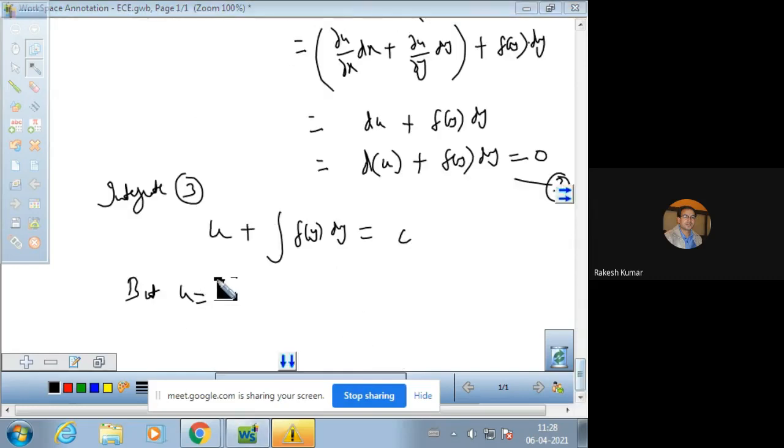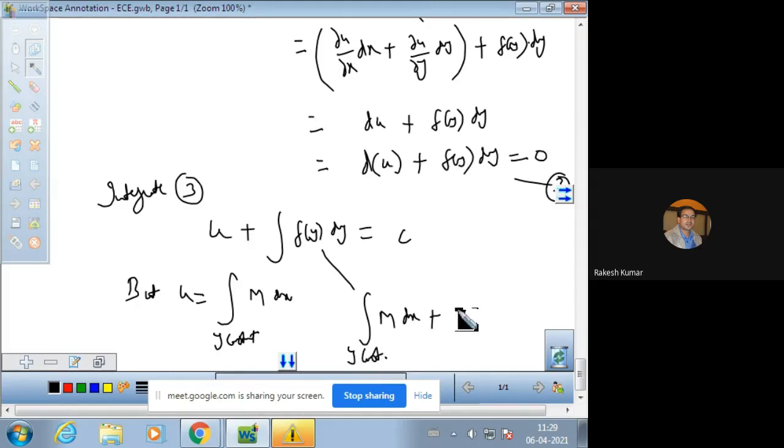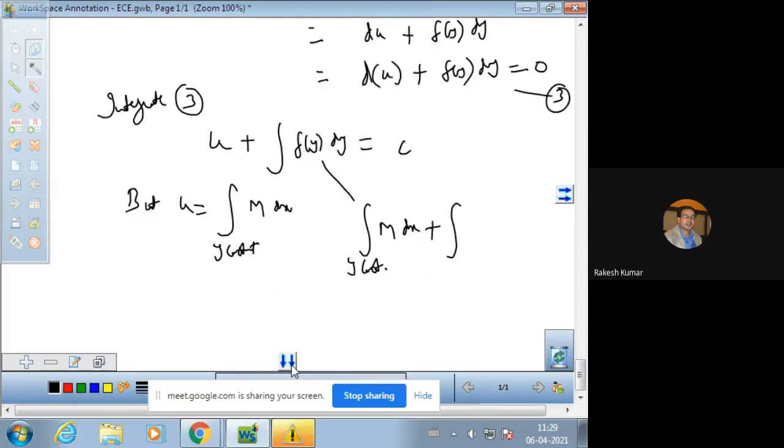So you can substitute: integration of M dx, y constant, plus the integration of f of y with respect to x.